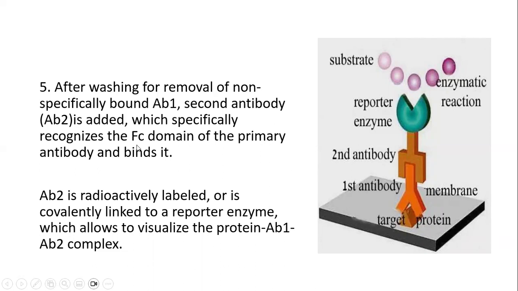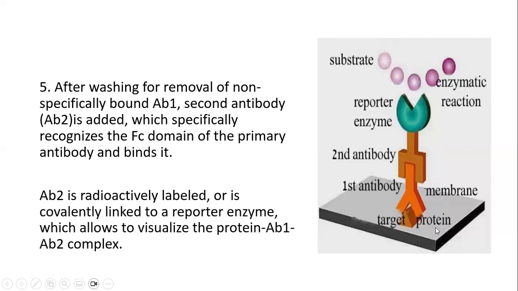So the secondary antibody that we make use of needs to be labeled. It can be either radiolabeled, or chemically labeled, or it can be enzymatically labeled, fluorescently labeled. Anything can be used. So here we can see an example where the secondary antibody is linked with a reporter enzyme, and then we add a substrate for the enzyme that leads to formation of a colored end product because of the enzymatic reaction.